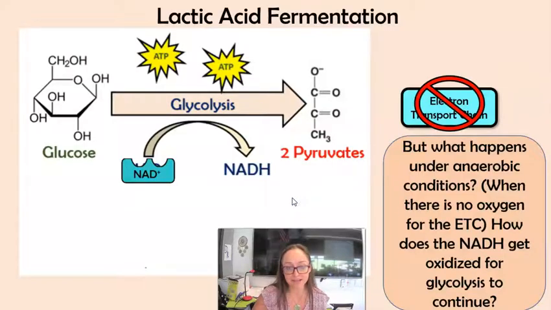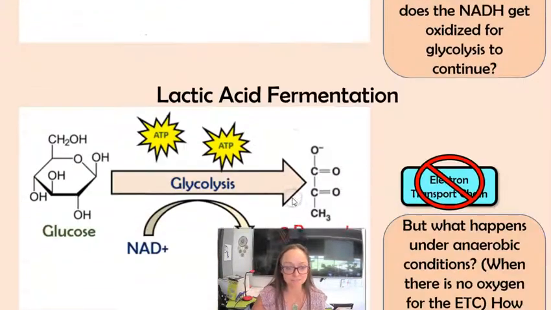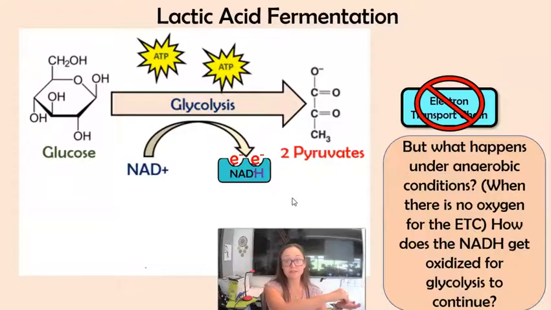Keep in mind that during glycolysis, the electron carrier picked up electrons and hydrogens. It was reduced. In order to continue glycolysis only, we need to oxidize that electron carrier. We need to let the electrons and hydrogens off of the electron carrier, putting it back into NAD+, so that we can at least continue just glycolysis.